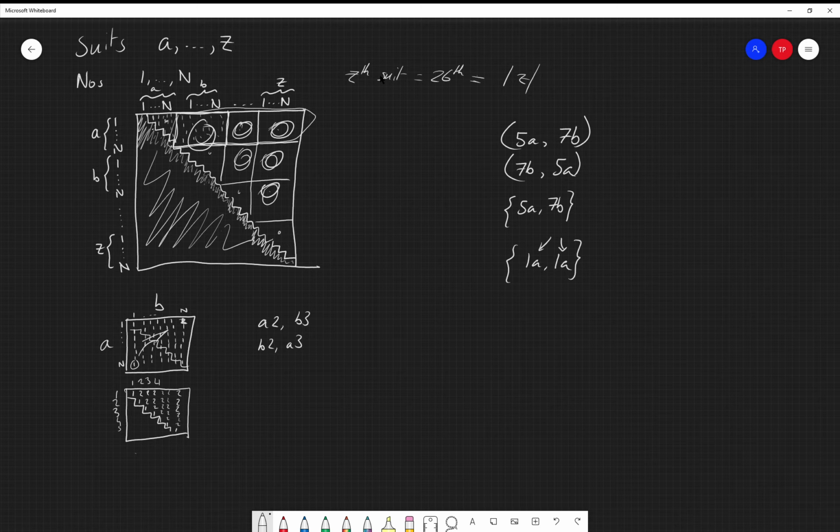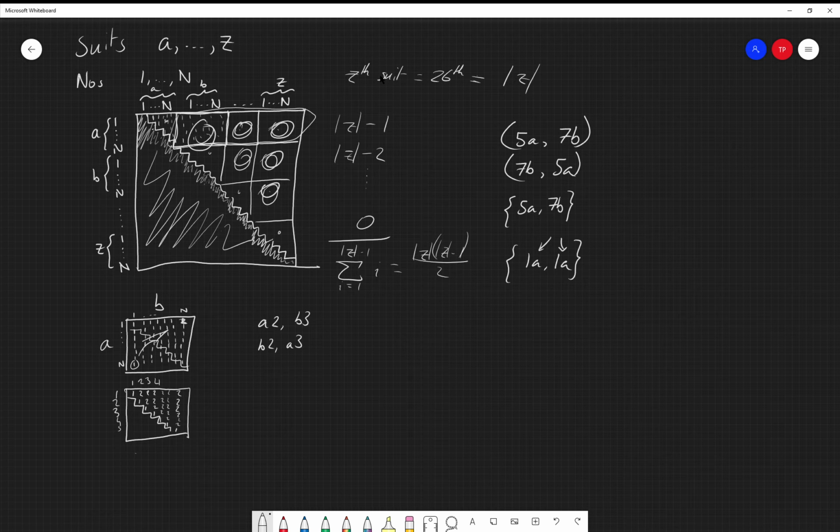So we have Z minus 1 possibilities from this row, and then we have Z minus 2 from this row, and we keep going until we get all the way to 0. So if we sum all these up, this is the sum up to Z minus 1, which is equal to Z times Z minus 1 over 2.